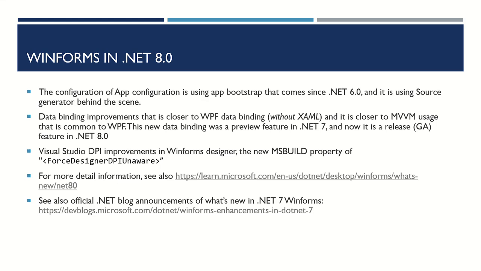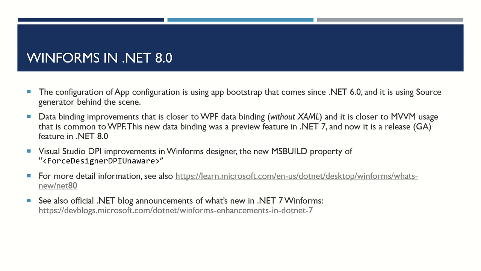So based on that, another improvement is coming. For example, the app configuration since .NET 6 is using almost the same mechanism as the app in Visual Basic, and it is also using a source generator behind the scenes.